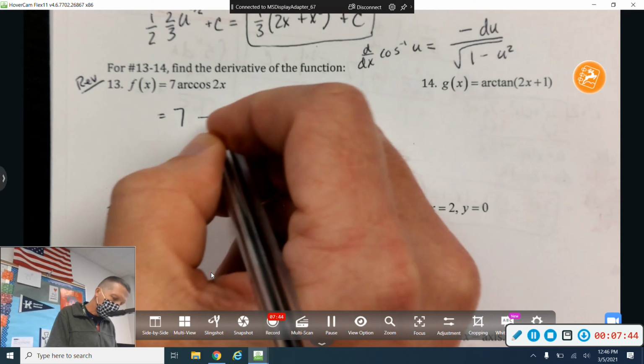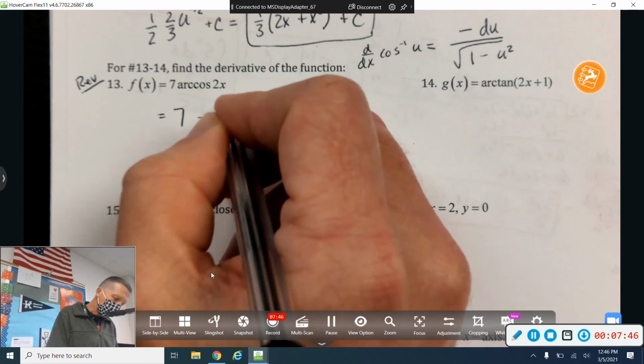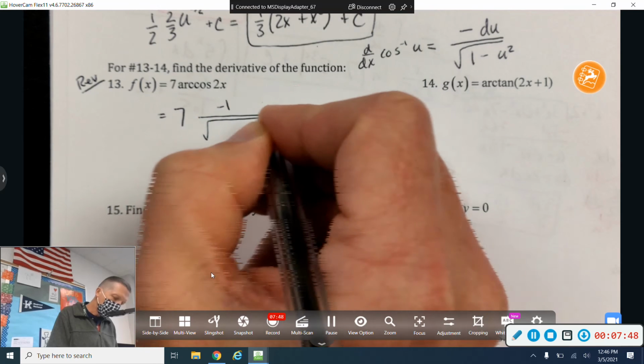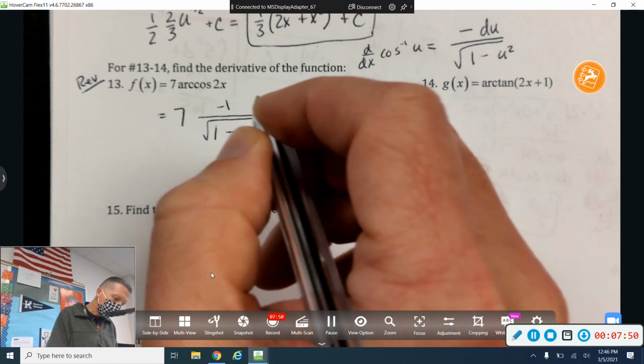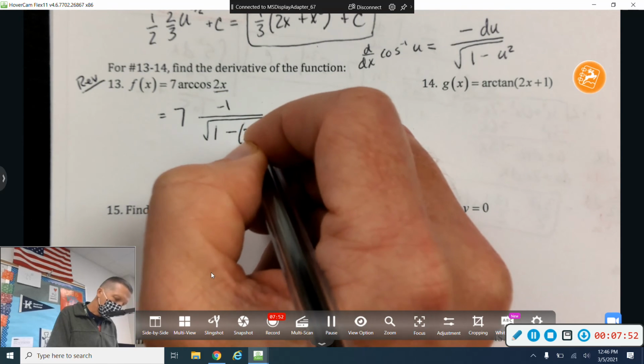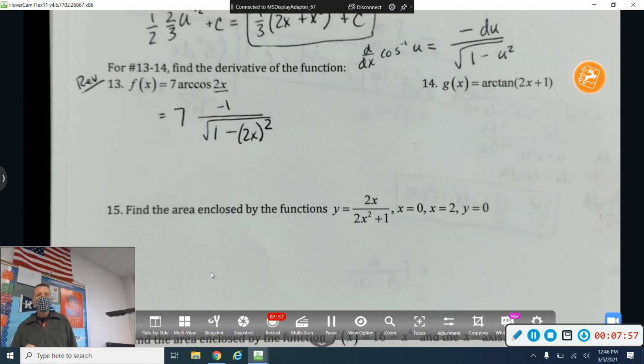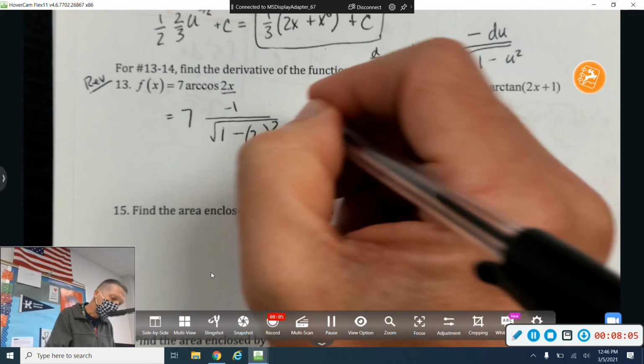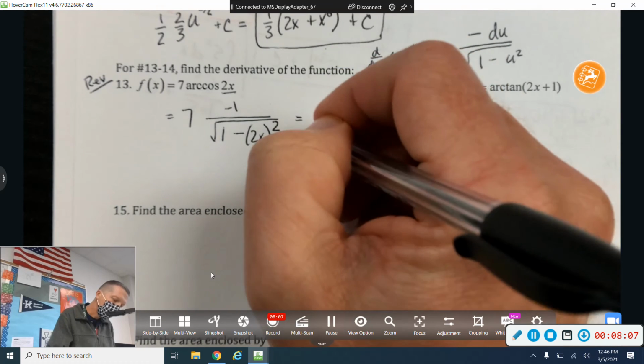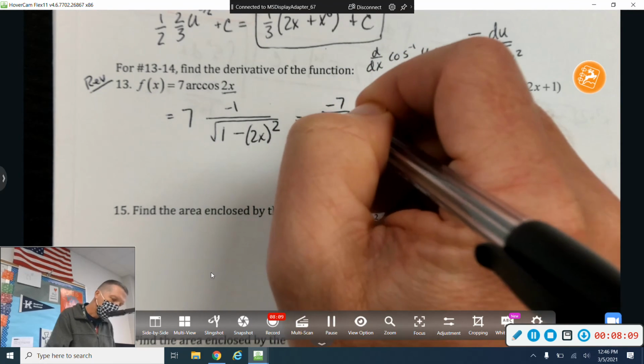Arc cosine, so negative 1 over square root 1 minus 2x squared. And we could clean that up a little bit if we wanted to, but it's perfectly okay as it is. It's not much you could clean up. Negative 7 over square root 1 minus 4x squared.